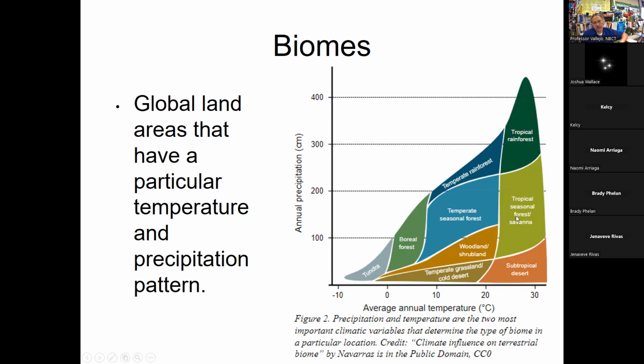It gives us areas where we expect certain climax communities to exist because you have different temperature and precipitation patterns. And so we're going to take a look at these different biomes in this talk: the tropical rainforest, the savanna, the temperate forests, also the taiga or the boreal forest. And you have also the desert down here.